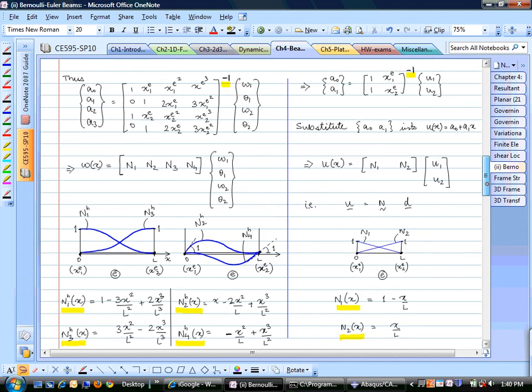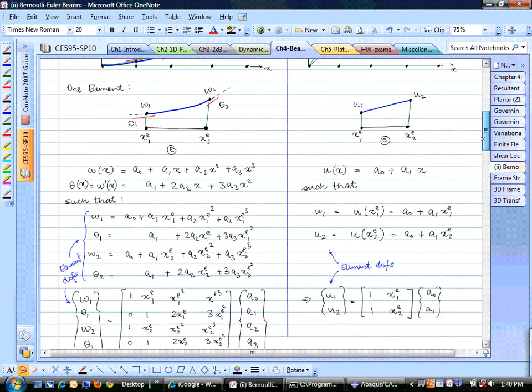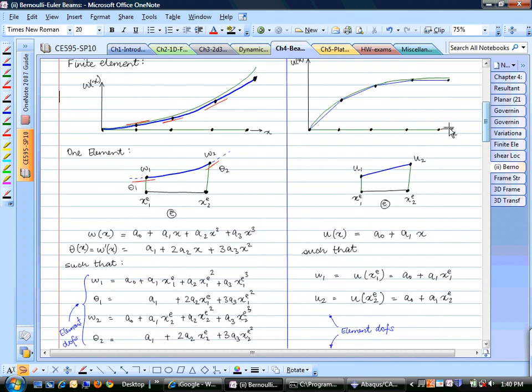But now we want to construct shape functions for the Bernoulli-Euler beam where the degrees of freedom are the displacement at node 1 and the rotation. This red line denotes the rotation at node 1. Similarly, displacement at node 2 and rotation at node 2. So there are 4 degrees of freedom for the element.